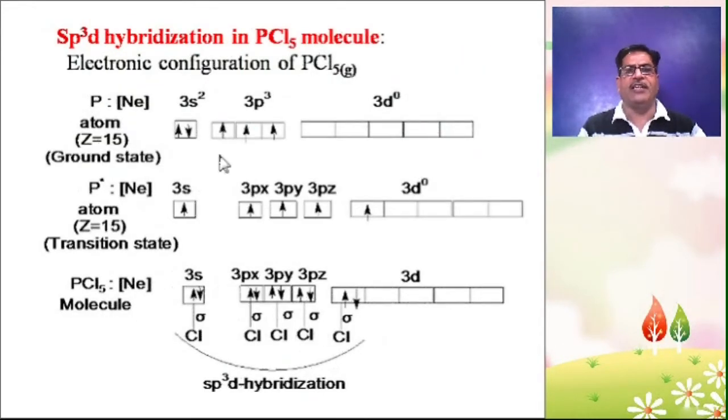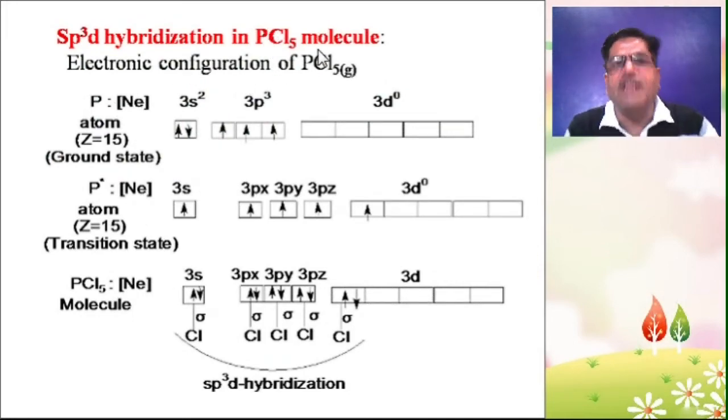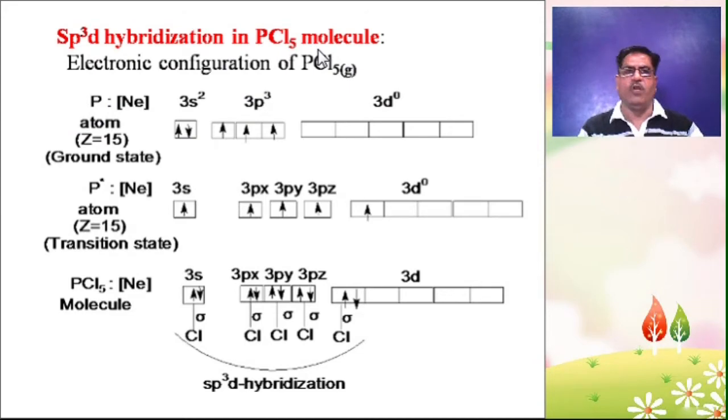Here we take one suitable example, the PCl5 molecule. So the electronic configuration of the PCl5 molecule in gaseous form. Here the P atom's atomic number Z is 15. In the ground state, the valence shell of the phosphorus atom is neon 3s2 3p3 3d0.